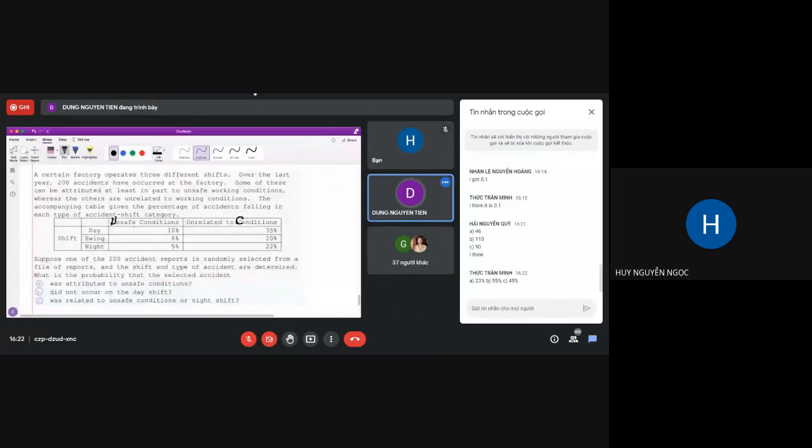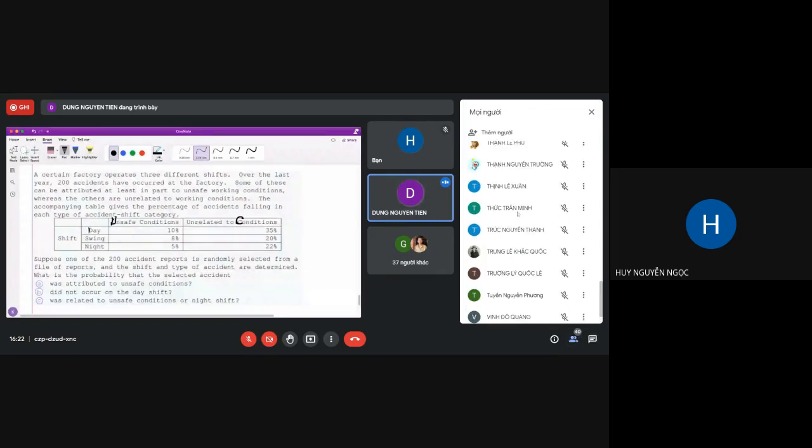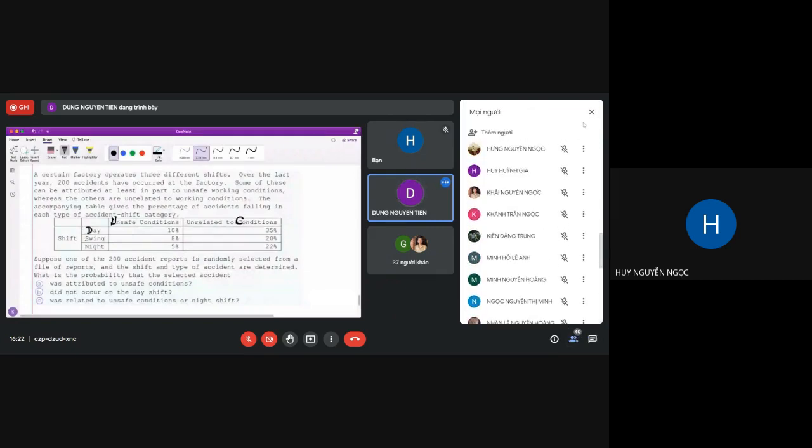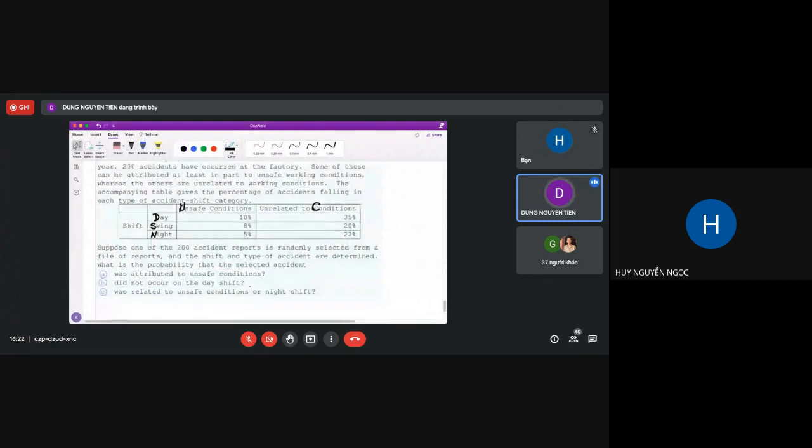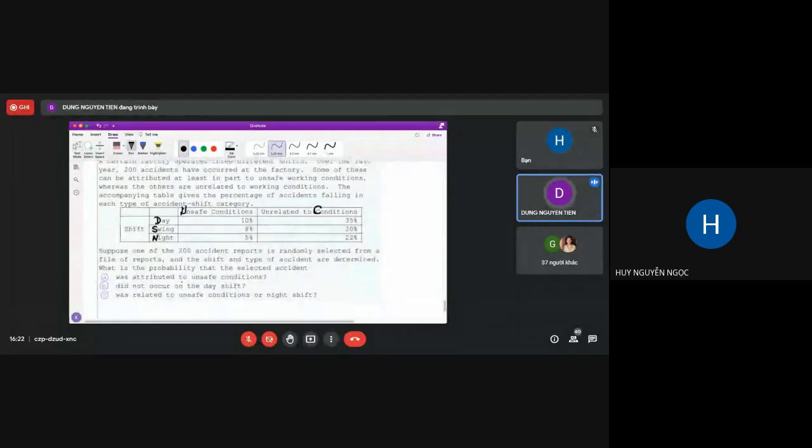I will denote by D the events that it is in day shift, S for swing shift, and N for night shift. Then I want to find the probability that it was attributed to unsafe conditions. So you want to find the probability of U.